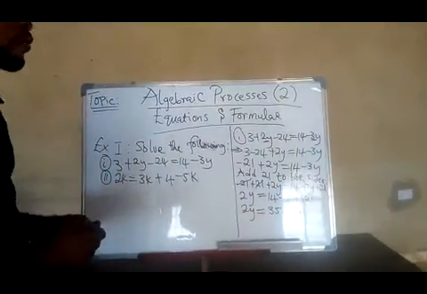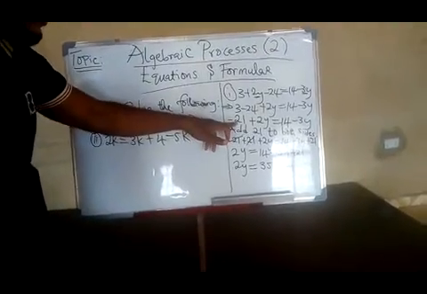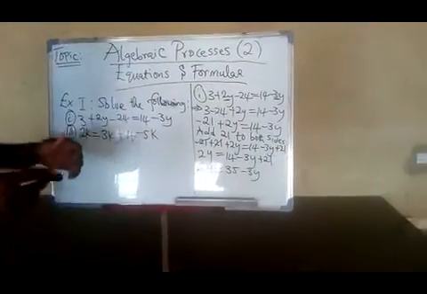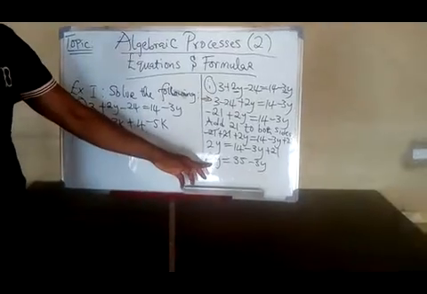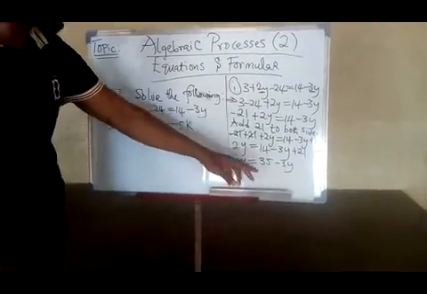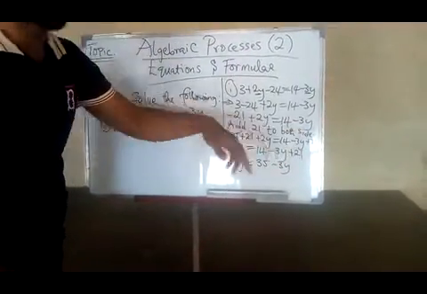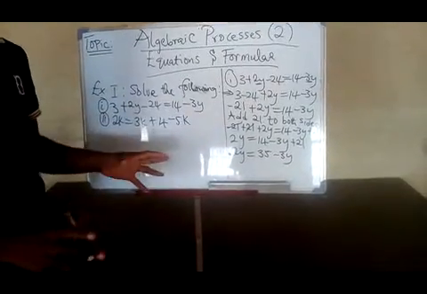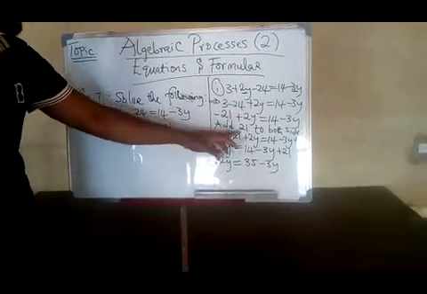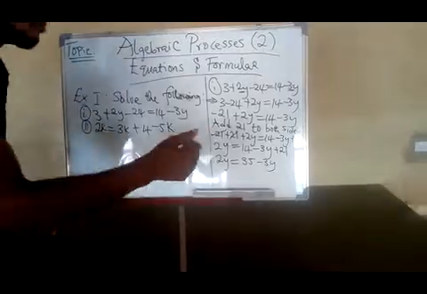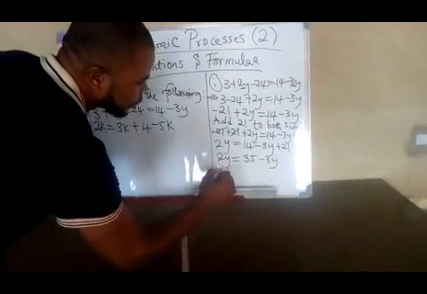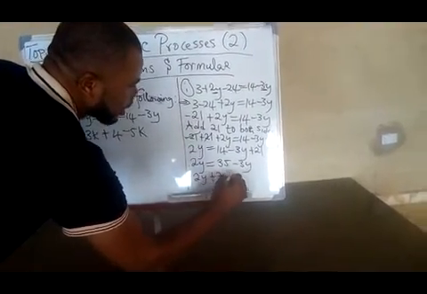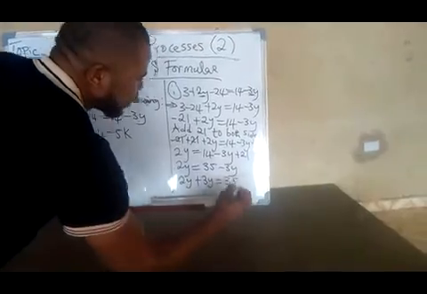Now the same thing we did at this step, we are going to repeat it here. We are going to be adding 3y to both sides. For lack of space, I'm not going to write that out, but bear it in mind that every time you are solving, it makes your work neater and simpler when you write it out like this. So what I'm going to have here is 2y plus 3y equals 35.